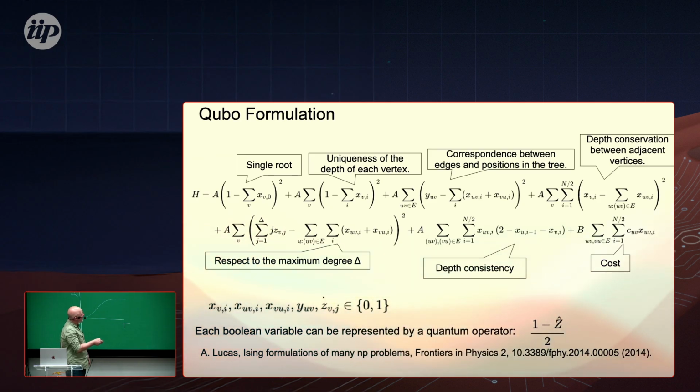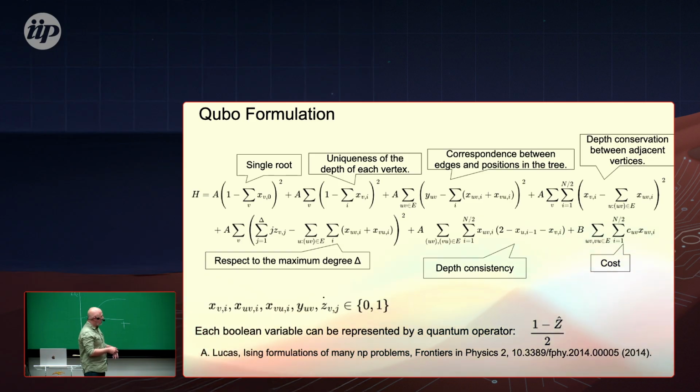And when I have that, I actually have many terms here. One is related to a single root that we are actually trying to minimize or maximize depending on the problem that we are tackling. And we have other terms that are related to uniqueness of the depth of each vertex and so on. We have many terms, and one of those is quite important, which is related to the cost.